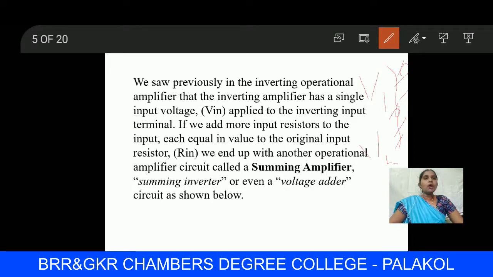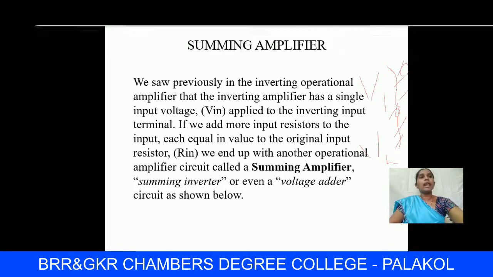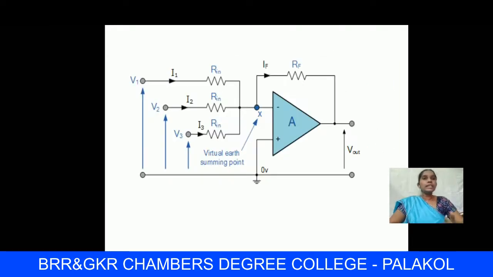If we add more input resistors to the input, each equal to the value of the original input resistor, we end up with another operational amplifier circuit called a summing amplifier, or a summing inverter, or voltage adder. So an operational amplifier can also act as a summing amplifier. Here this is the circuit diagram of a summing amplifier.